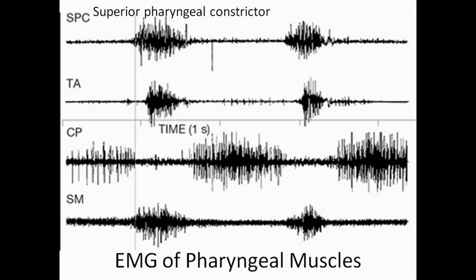And we can also monitor the electromyograph of these muscles, and we see dramatic increases in EMG activity in inspiration and decreases in expiration. And this phasic increase in innervation during inspiration occurs solely to resist the tendency of the negative pressures in the upper airway to cause inward collapse.